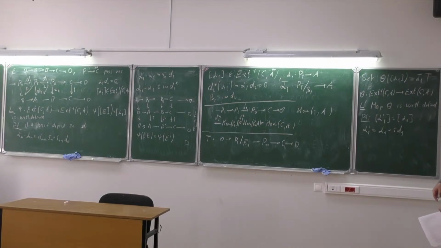So the difference is by the boundary, which you can think of as d1 star applied to S. But if you change this map by this additional term, the induced map is just a zero map.